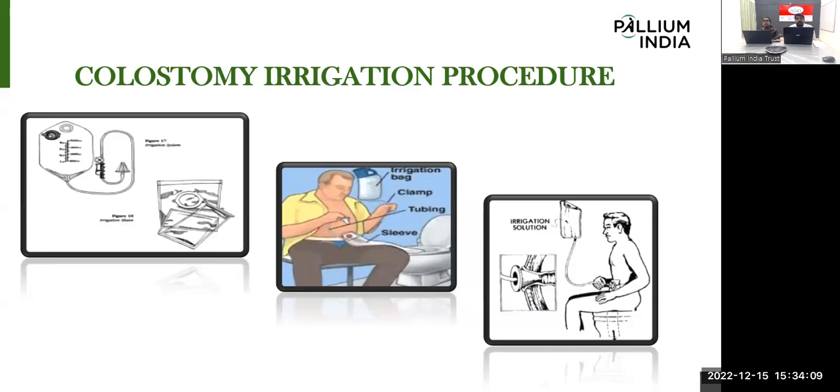That tip is not sharp, it is a blunt surface, and it is inserted into the stomal area. Before inserting, there is a lengthy sleeve with openings at both ends. The first opening is tied around the stoma, and the other opening is placed in the toilet. Then we irrigate, and the irrigated fecal matter comes outside through the sleeve.